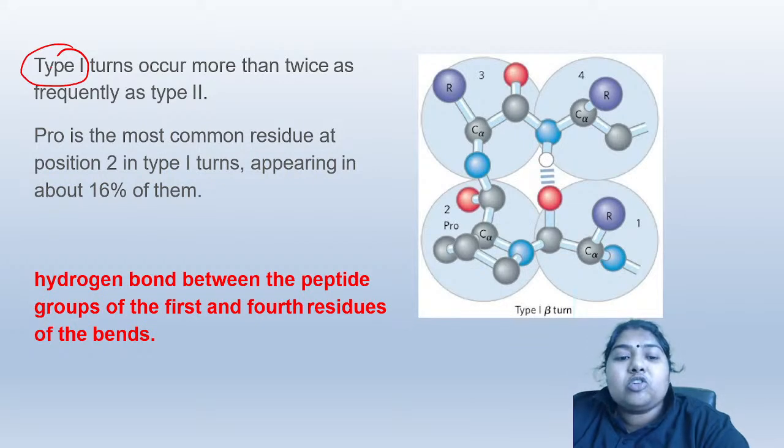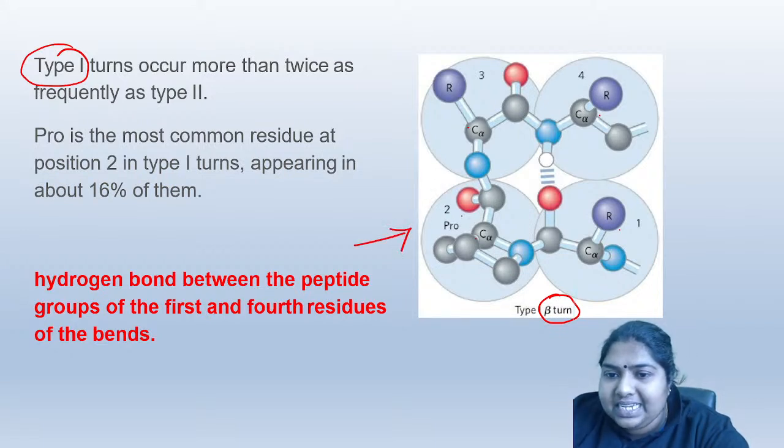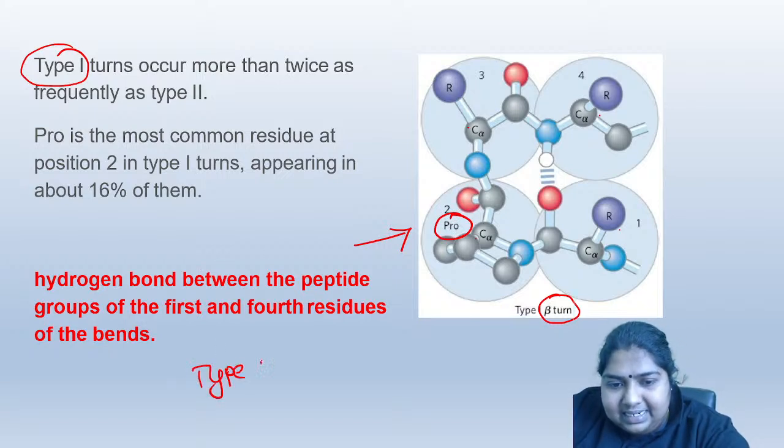This type 1 turn is formed between residues 1, 2, 3, 4. Especially in this anti-parallel strand, you have this beta turn, and as far as the type 1 turn is concerned, the second residue is going to be proline. So this type 1 turn will contain proline as the second residue.